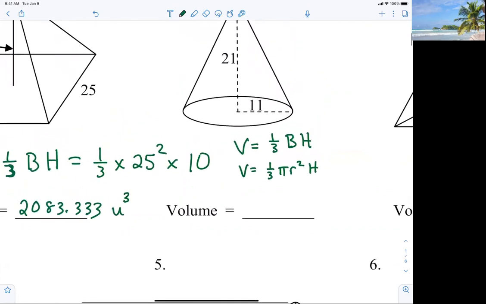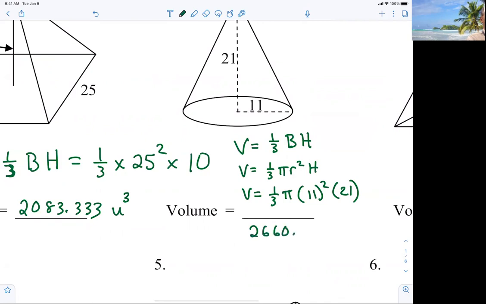All right, now I need some help. Volume equals 1/3 pi. What's the radius? What's the height? All right, 21. Everybody go ahead and do that on the calculator, please. Units cubed.